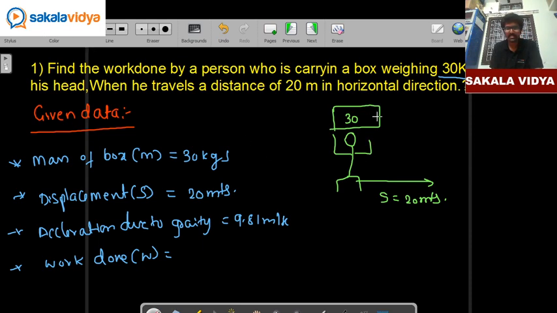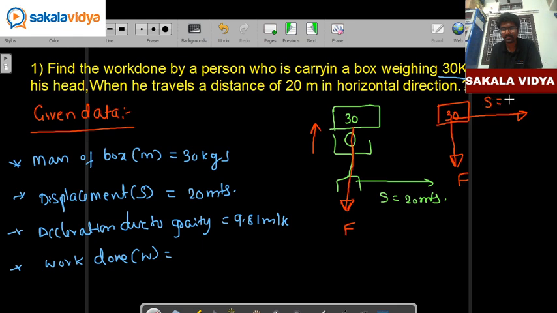As this box is 30 kgs, he is going to place this box over his head. What happens to the body? A gravitational force is going to act downwards. So let us draw the free body diagram. This is our box of 30 kgs on which a gravitational force is acting downwards, where the displacement made by the body is in the forward direction, that is horizontal direction.